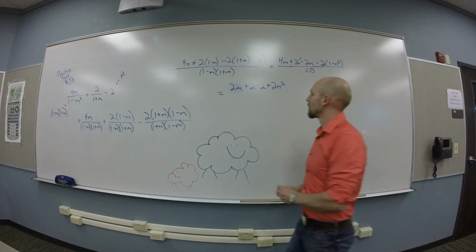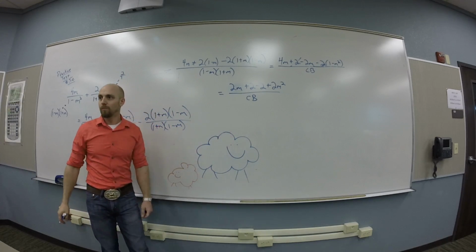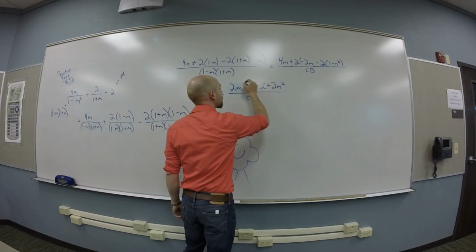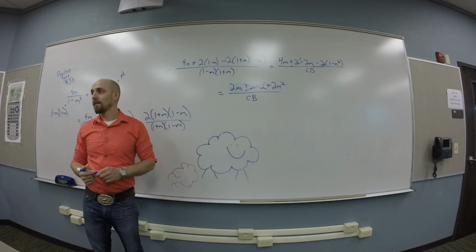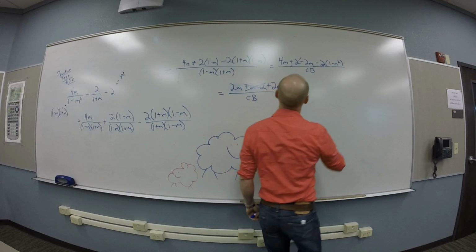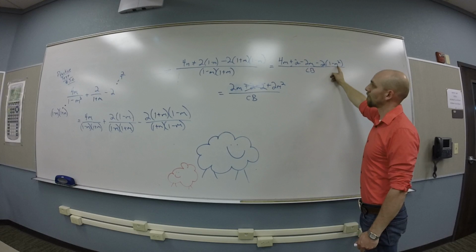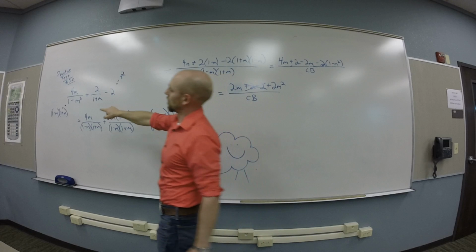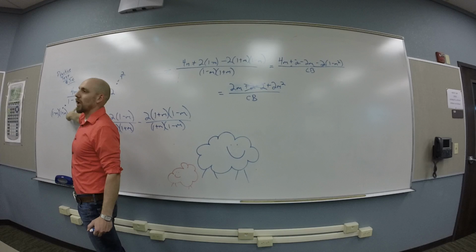So this is all over the common bottom. Okay, now what can I stick together? The 2s cancel each other out. I'm confused. Where? You have 1 minus m, 1 plus m, and then you got 1 minus m squared. I don't think I got that. Oh, this guy? That's what those things were multiplied together. I just FOILed.